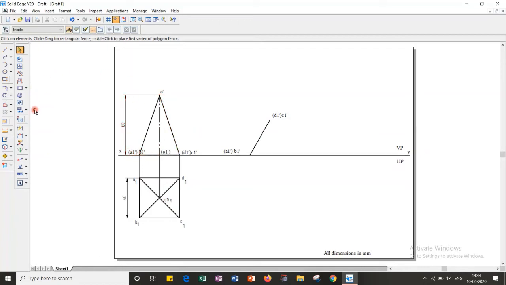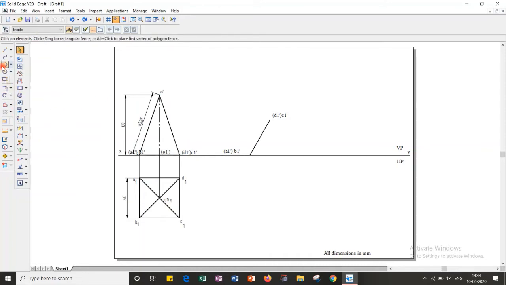I am explaining how manually you can copy this diagram from the first step to the second step. While drawing on graph sheet, you have to follow this method. Measure the distance from A1 to O. This is 63.25 mm. So obviously this dimension will be the same, 63.25 mm.